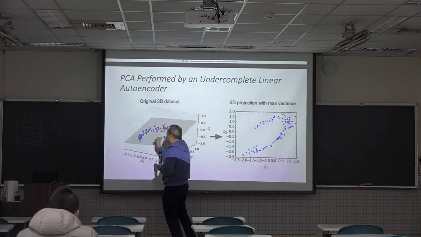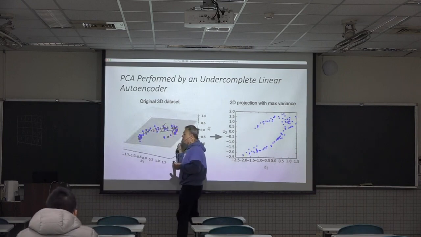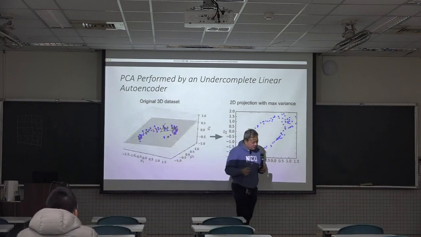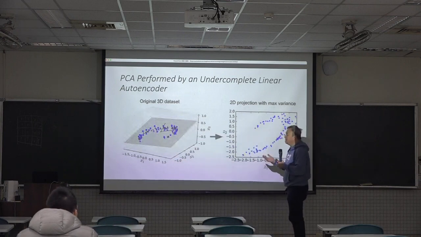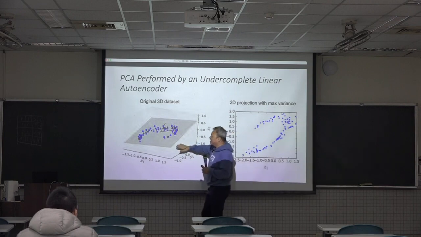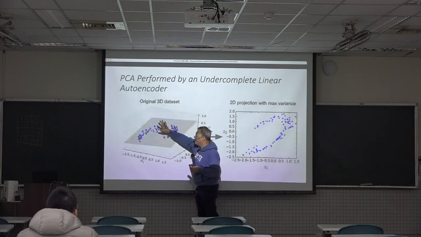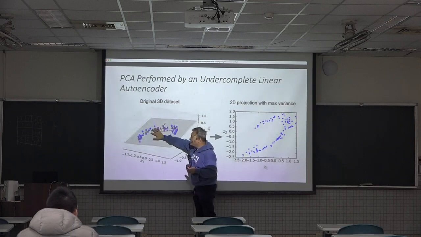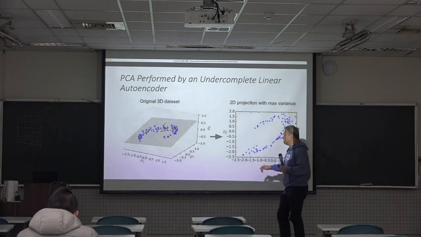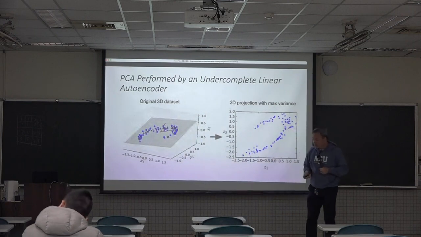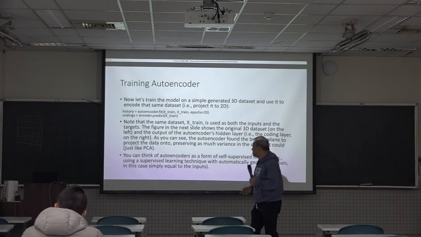And then these 2 vectors span a plane, which will be like this plane. Then you project all these points onto this plane, and it's going to be something like this. Okay, that's the basic concept of PCA.